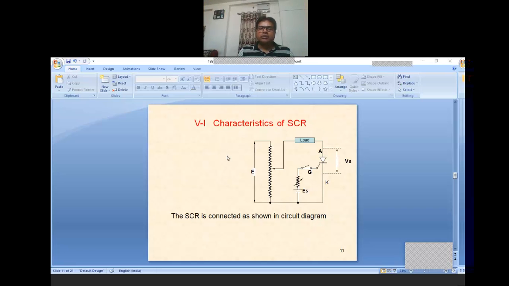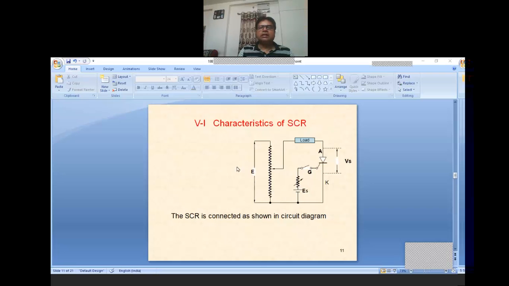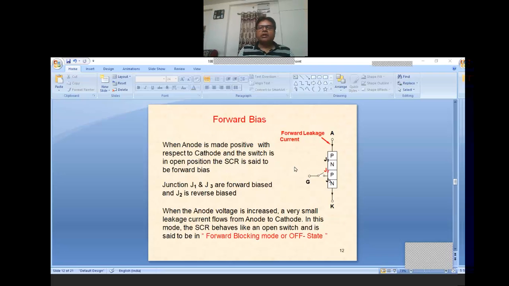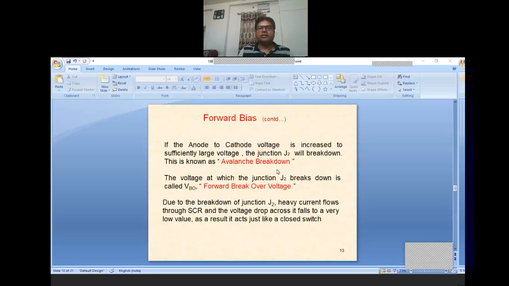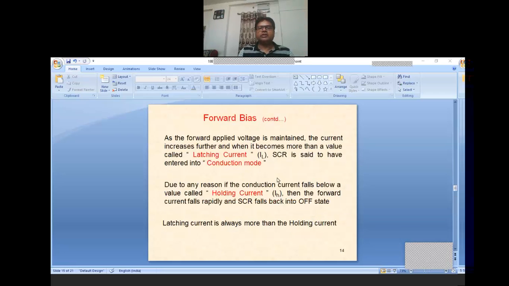Before actually going to discuss how VA characteristics vary, what are the salient points on it, and how to modify those VA characteristics, we will focus on how the SCR behaves when forward voltage is applied, or positive voltage is applied between anode and cathode, that is forward bias, and when a positive voltage is applied between cathode to gate, that is reverse biasing.